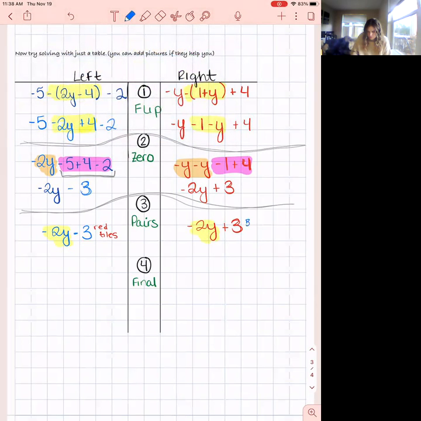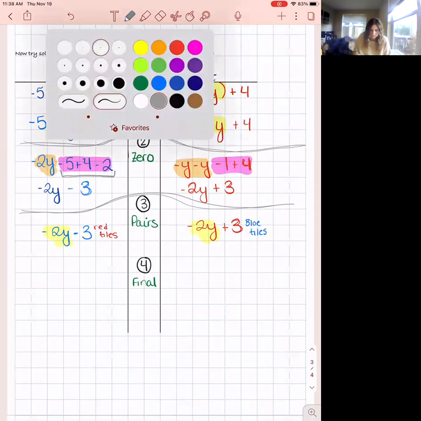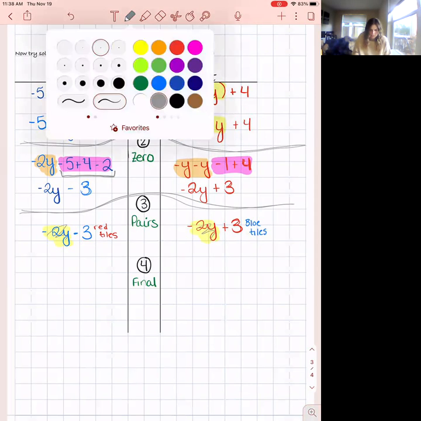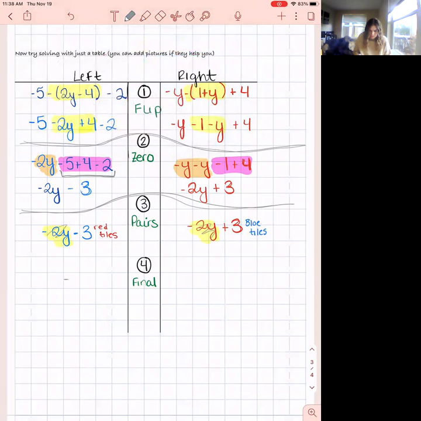We know that they have to be the same color to be pairs. So really, we just end up getting rid of the 2 y's, and we're going to be left with negative 3 and positive 3. All right, I know we're going to need a lot more practice with this, and we're going to get it, but that is the end of your left side notes.